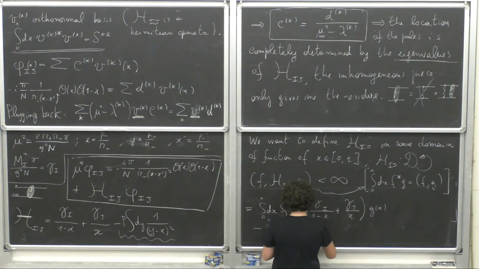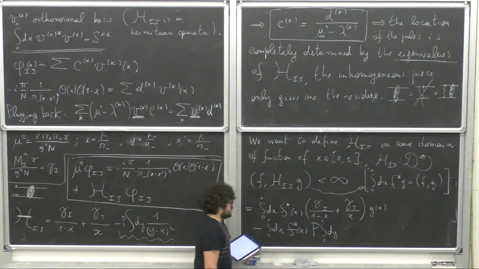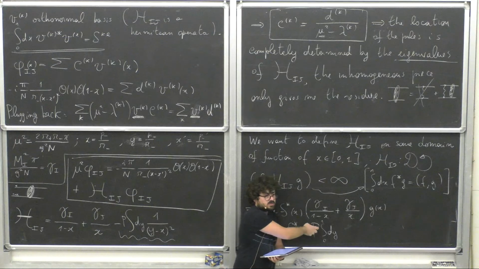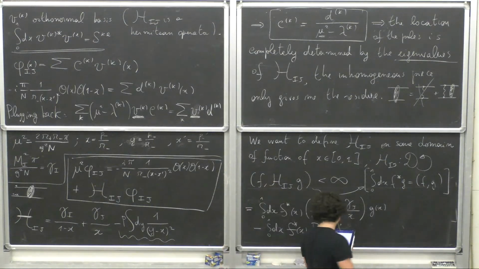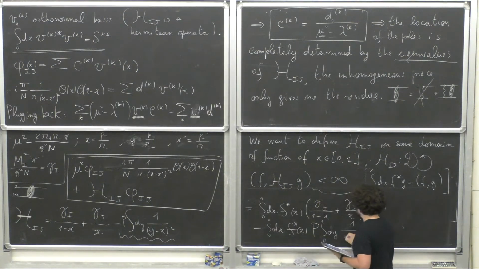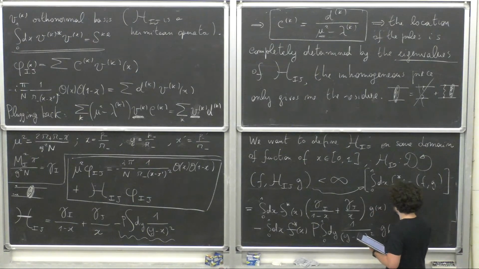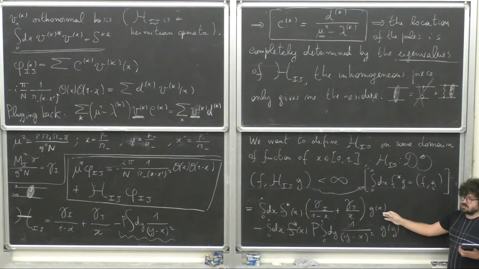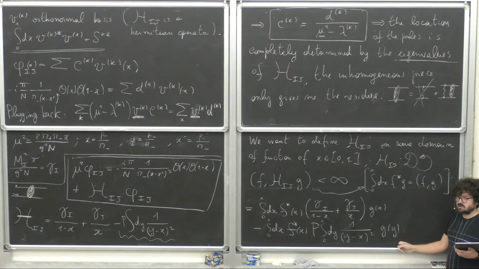So let's make some considerations. My principal value, when we derived it, started its life as an integral from minus infinity to infinity, but now I can restrict it to 0, 1, because anyway we said that everything here is restricted to 0, 1. This first piece has the advantage that it is clearly symmetric in f and g. This is a bit less.